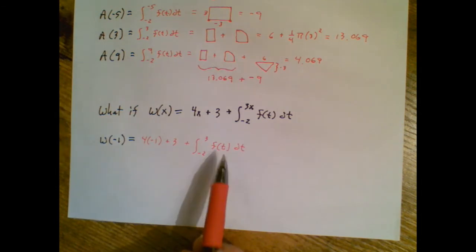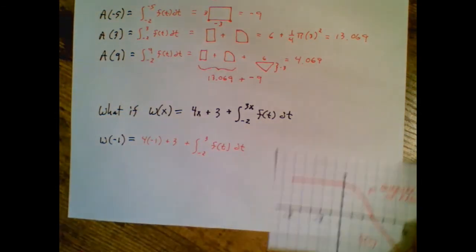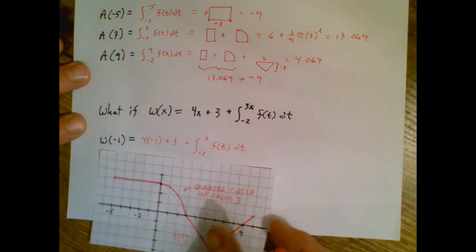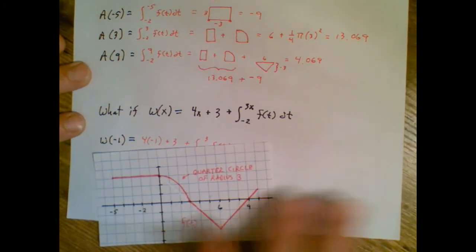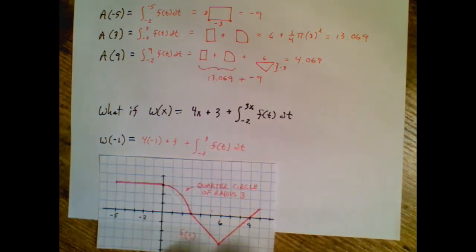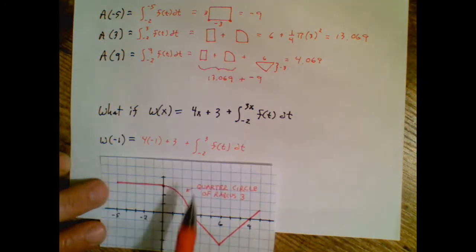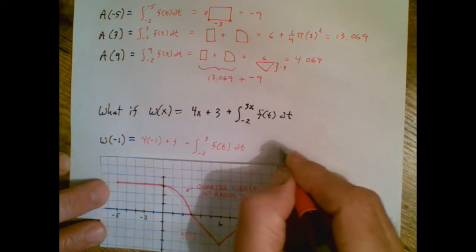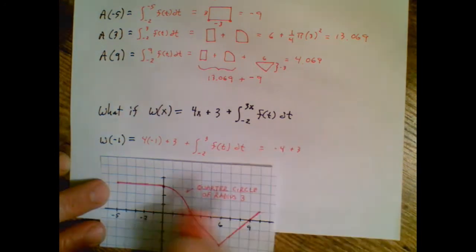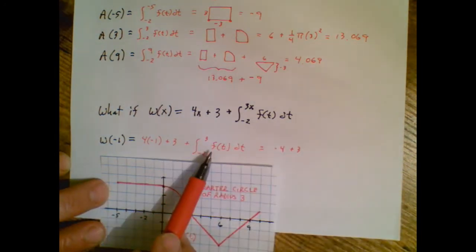Now f of t is this graph I've been looking at. Let's see, can I get these both in here? Pretty much. So this is really a -4 plus 3. And now I would need to figure out this piece.